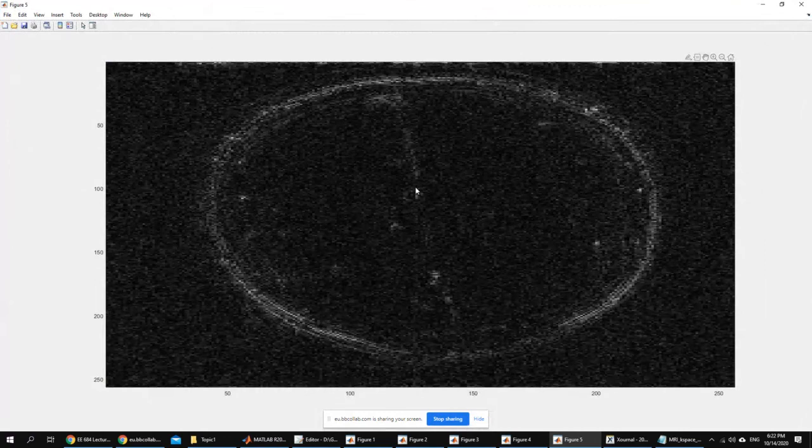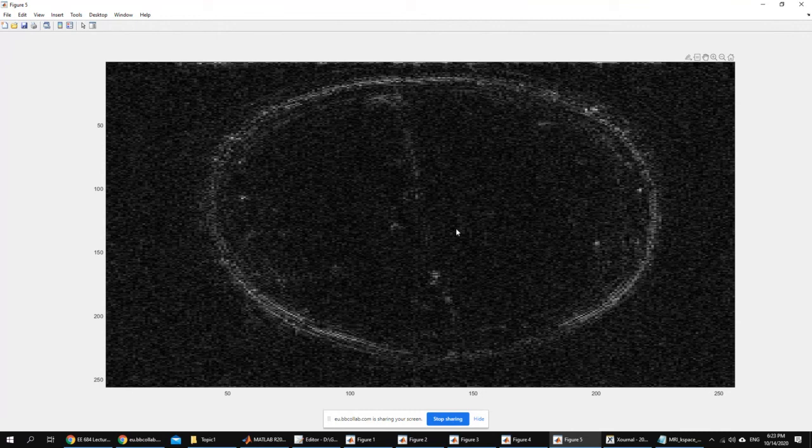Remember what we got before, it looked all black. Now we have something that looks like the outline of the head. So the phase is very important. It's even more important than the magnitude sometimes. Because of that, we see something.